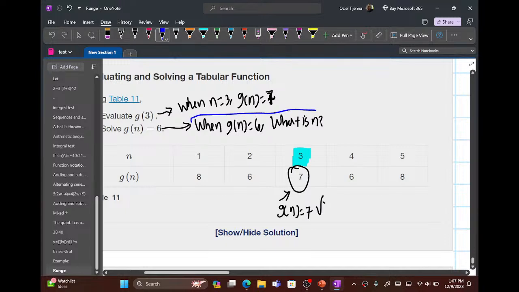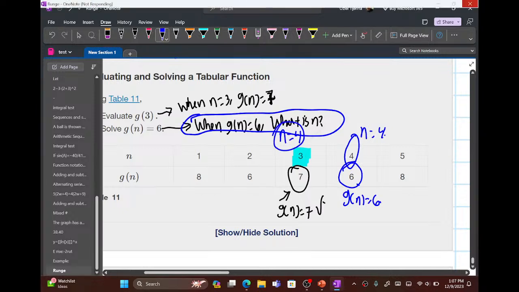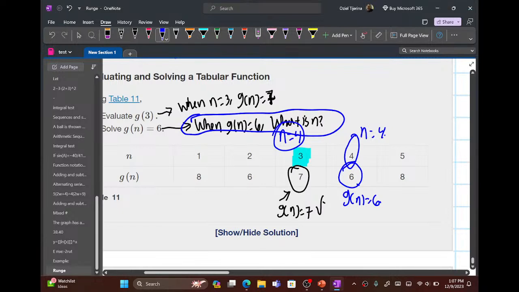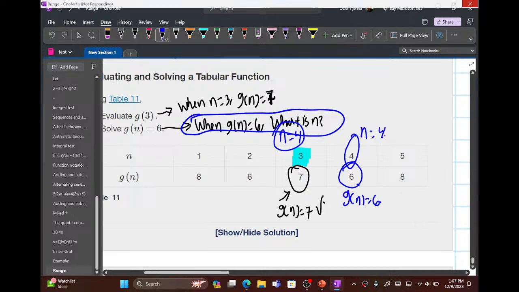Right here, this is where g of n equals 6. So here we know that if g of n is 6, n has to be equal to 4. So n equals 4. That is all that is saying. We have to understand the difference between those two. A lot of people get that confused, so you have to be careful. You have to understand what each of these terms mean.